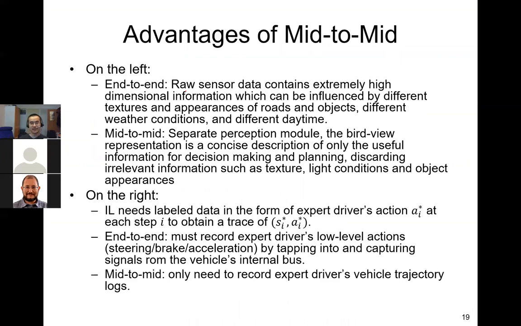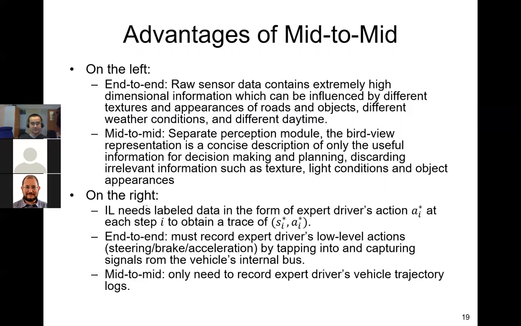So they contain extremely high dimensional information with the high definition cameras and multiple cameras on board, which can be influenced by different textures and appearances of roads and objects, different weather conditions, and different times of day. So the mid-to-mid approach, by using a separate perception module, uses a bird's-eye view representation, which is a concise description of only the useful information for decision making and planning, disregarding irrelevant information such as texture, light conditions, and object appearances.